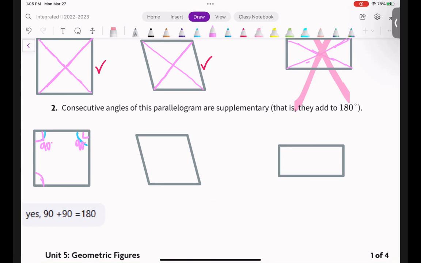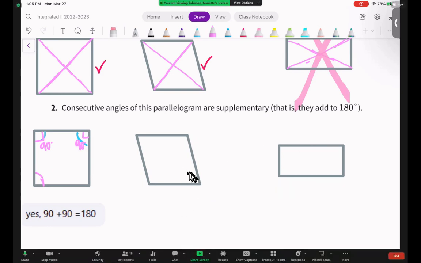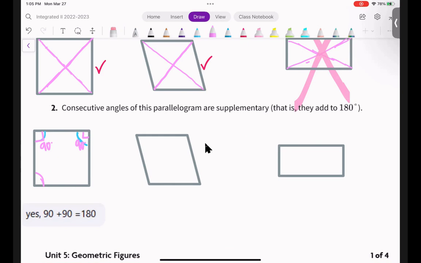Okay. Moving on. What about the rhombus? Yes or no? Do you think the rhombus's consecutive angles are supplementary?